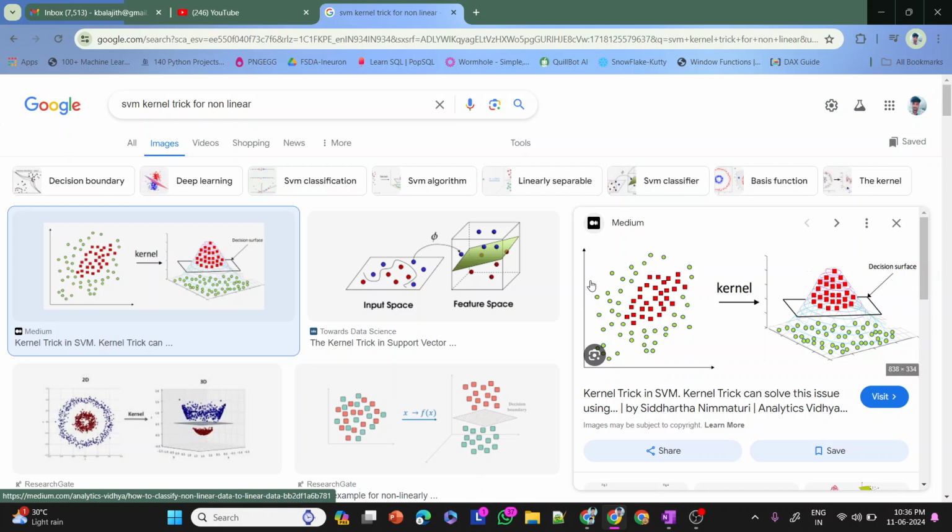After applying the kernel, this data is converted into three-dimensional vector space, so that we can easily find a hyperplane which can separate these two groups. Like this, the SVM will classify non-linear data by using this kernel technique.